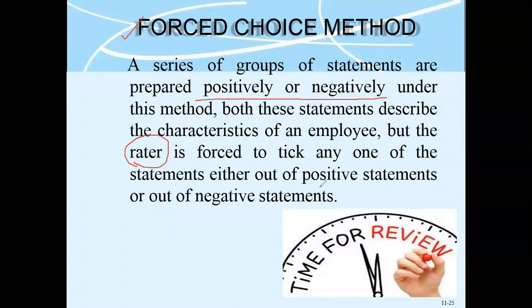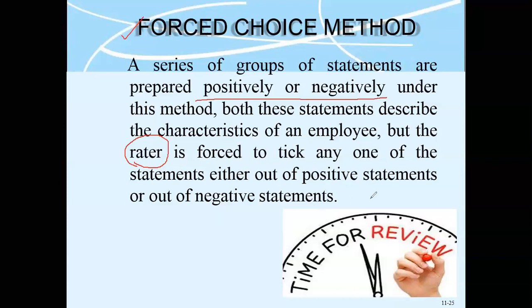And the major thing is that this rater should only choose either the positive or negative statement. So if they feel that the negative statement is more accurate or more feasible for an employee, then they have to choose the negative statement instead of the positive statement, right? So this is the major thing that we have to understand here.